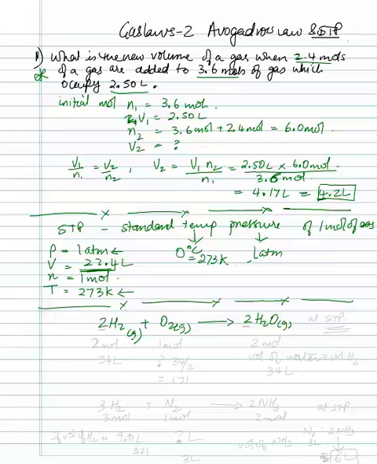Now let's say this is at STP. Under STP we can say that if we have 2 moles of hydrogen, we have 1 mole of oxygen, and we have 2 moles of water. And this is not even about STP, this is stoichiometry, plain and simple.